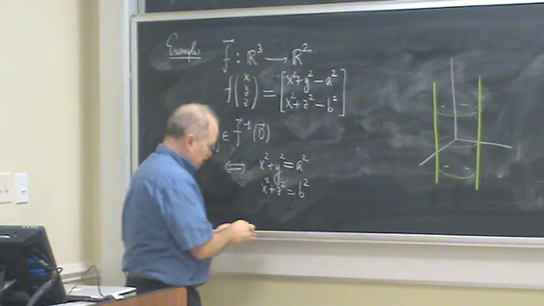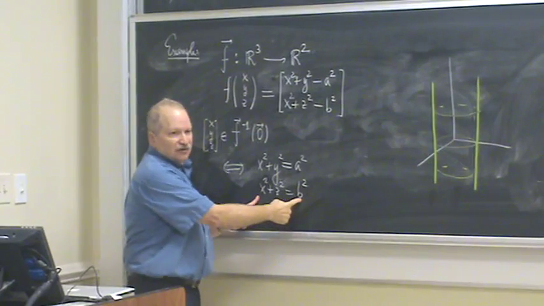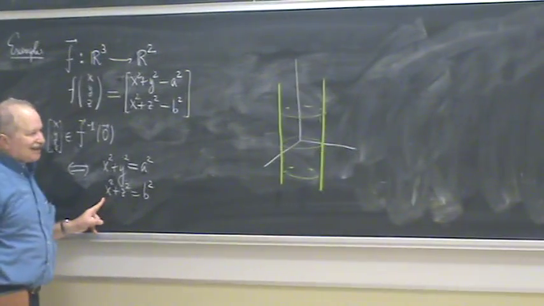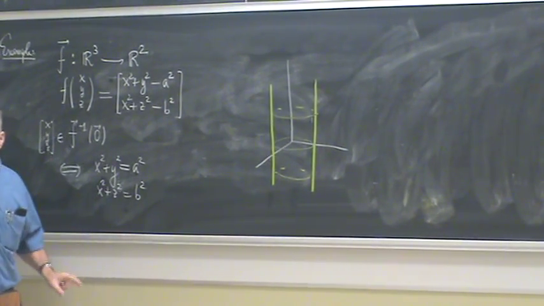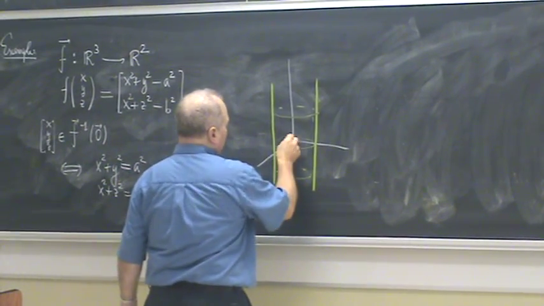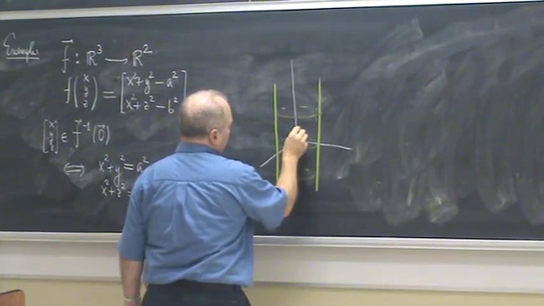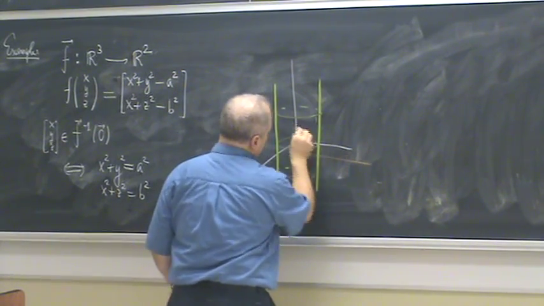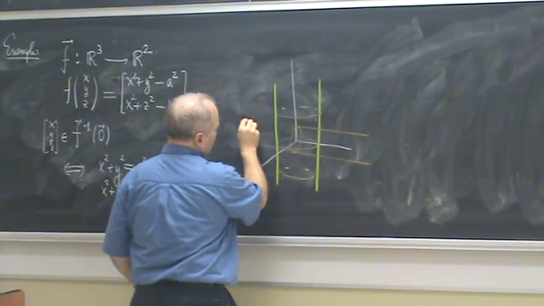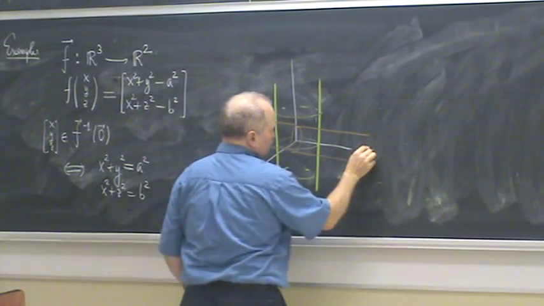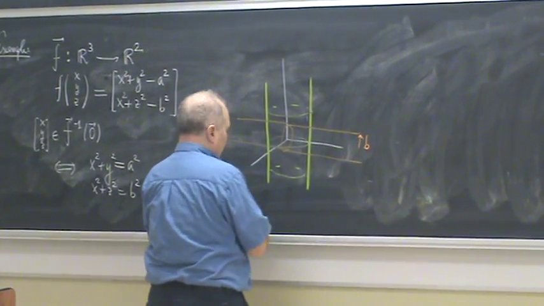Now, what's this one? It's a different cylinder. On the y-axis. It's a cylinder that runs along the y-axis. So, depending on what the radius is, you might take a little circle here and hollow out a tube that goes in the y direction. So this would be radius b, and this would be radius a.